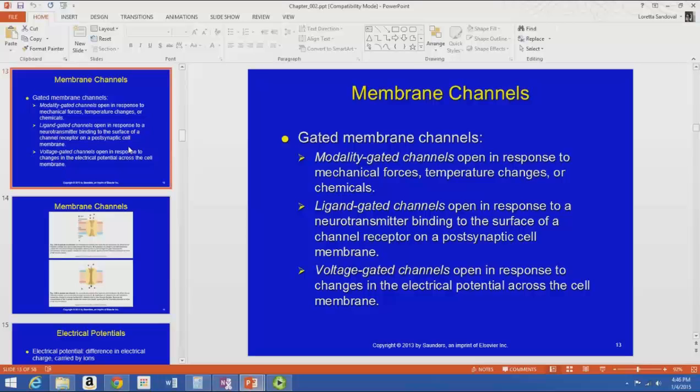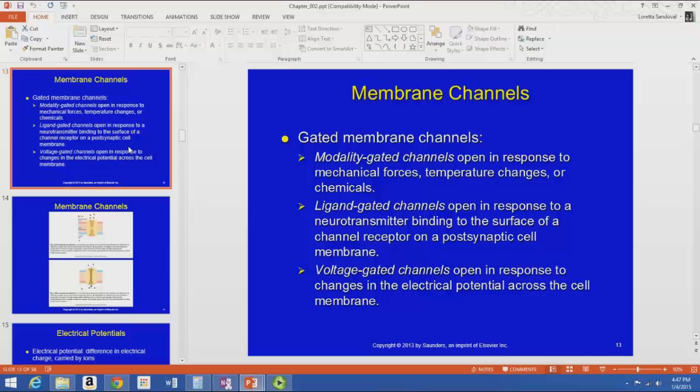So these are all closely related, but they all only respond to a specific stimulus. And once the stimulus is gone, the channels are closed. So when the mechanical force is taken away, those modality-gated channels close, and the cell returns to its resting state.